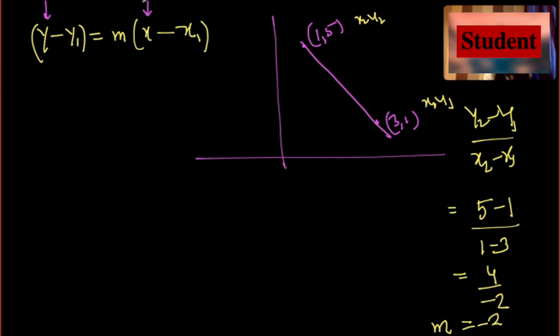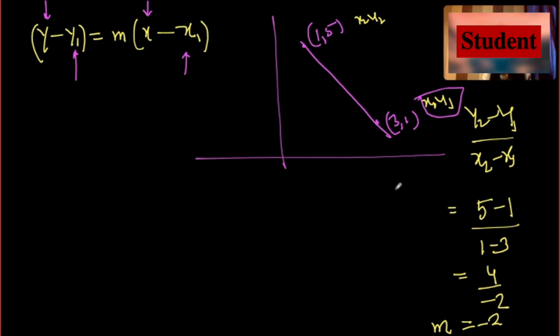You don't have to put any value for them, you just write x and y. And what are y1 and x1? It is this one, 3, 1, or 1, 5. There is no restriction. You can take any one.